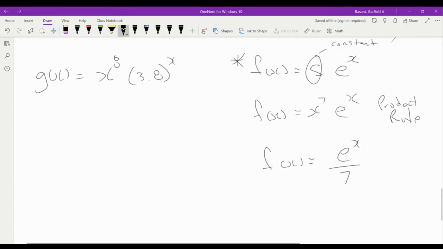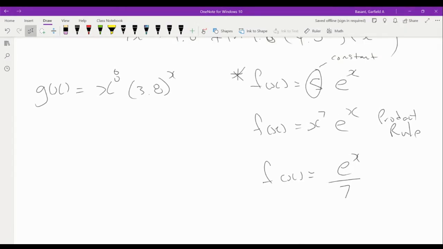You're not sure. Because we could actually use the quotient rule on it, just like we could have used the product rule up here on 5e to the x. But we do not need to because this is a constant. So because it's a constant, we could rewrite this as 1 over 7e to the x and just treat it like a regular problem.